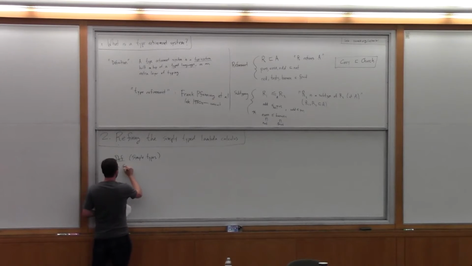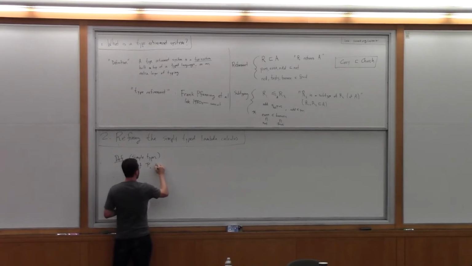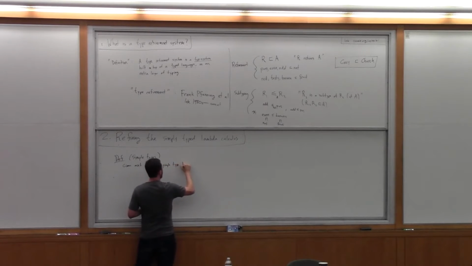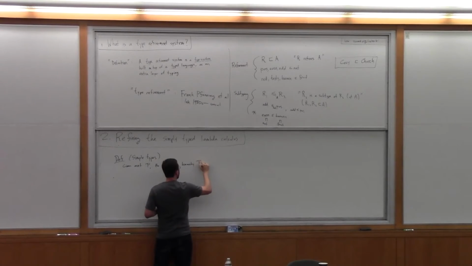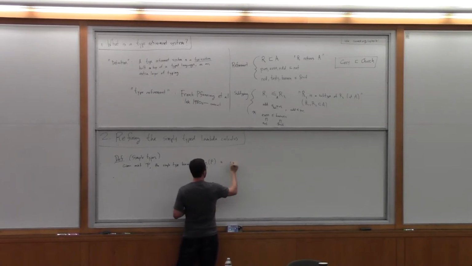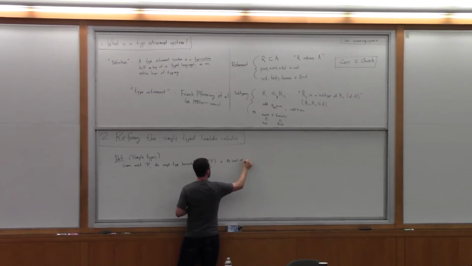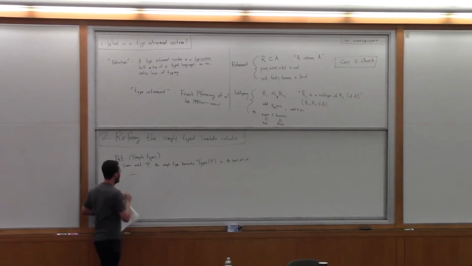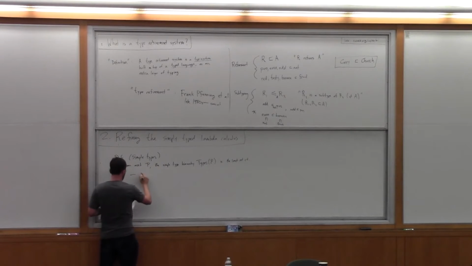Given a set P, the simple type hierarchy: types P is a set of types.